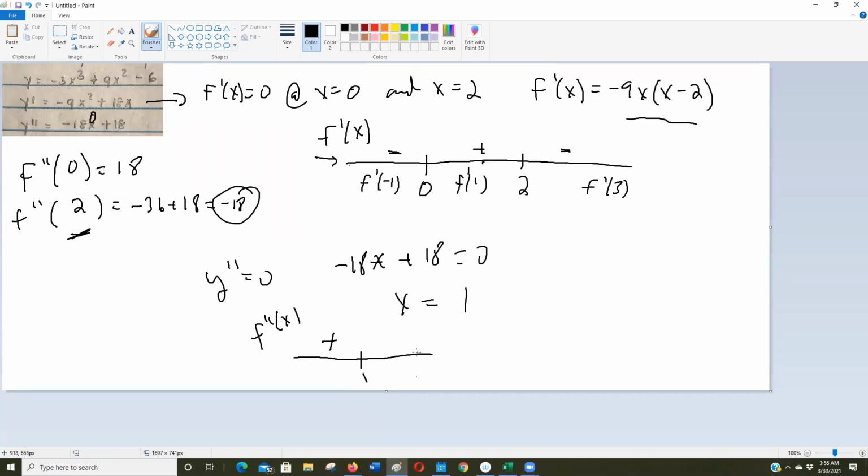If we drop in 2, that'll be -36 plus 18, which is negative. So yes, there's an inflection point at x equals 1. Now you just go back up and find it. I think you did this: -3 plus 9 minus 6. Oh, that's 0, isn't it? So at (1, 0) there's an inflection point. Okay, and that's how you use the derivatives to check.